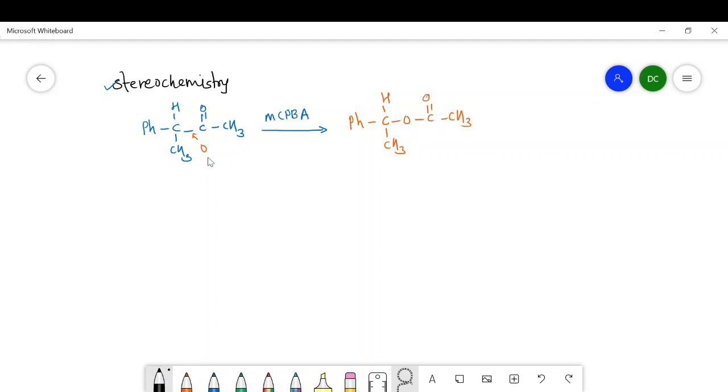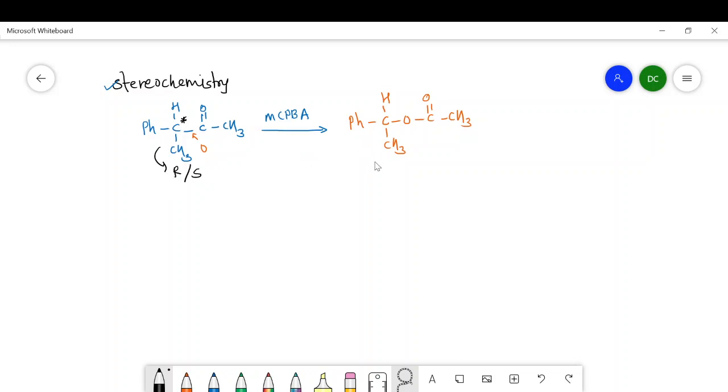In the Baeyer-Villiger oxidation process, a retention of configuration is observed. If I look at this carbon, it is clear that it is attached with four different groups. Therefore, it is a chiral carbon. So it will show either R configuration or S configuration. This configuration is retained in the product.